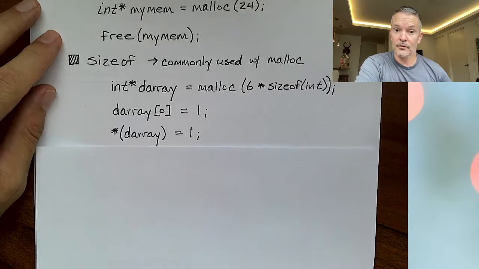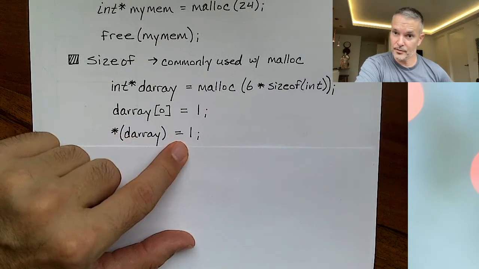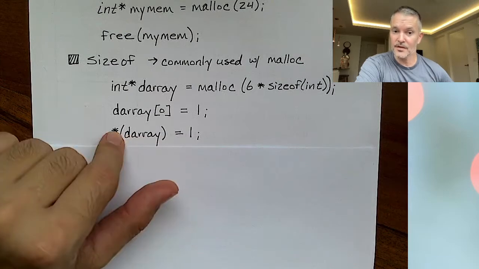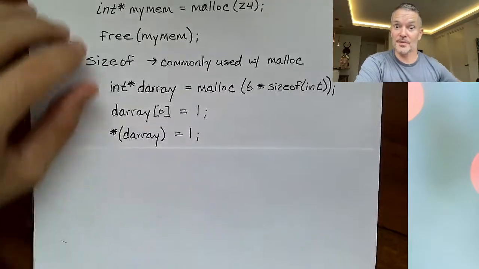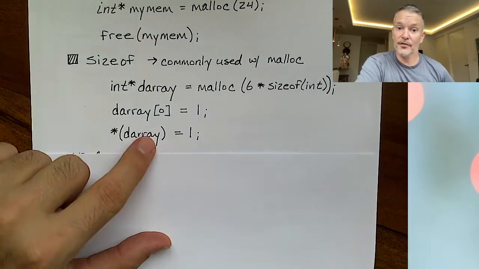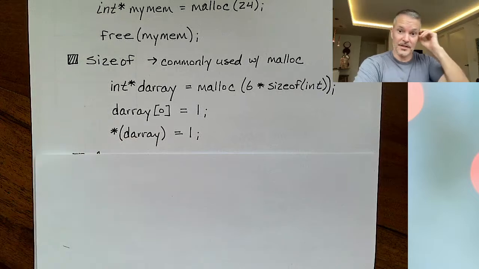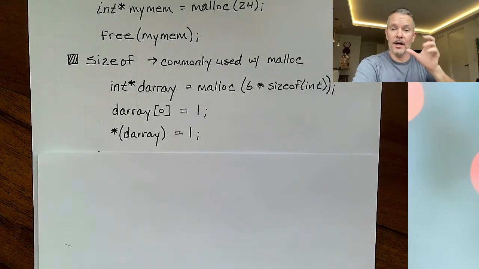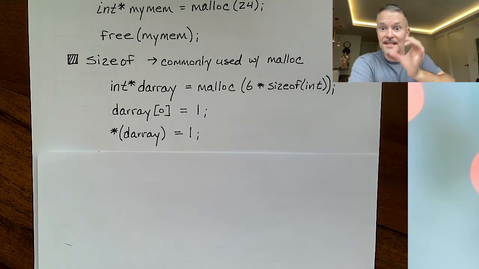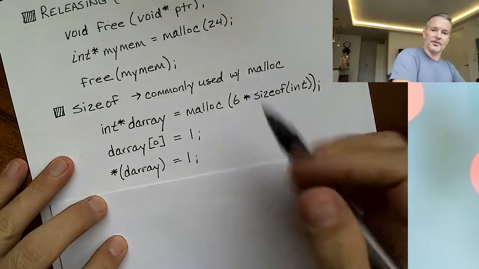I could also just say dereference darray and set it to a value. That's dereferencing the pointer so that I'm getting the first integer that's being pointed to. I could have also added 1 to darray and dereferenced it. This would have given me access to the second integer in the array. Just let me write that here so it's clear.